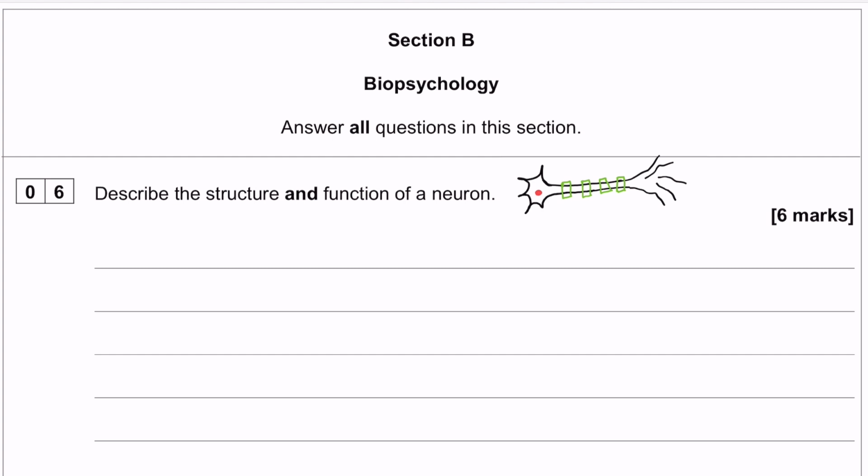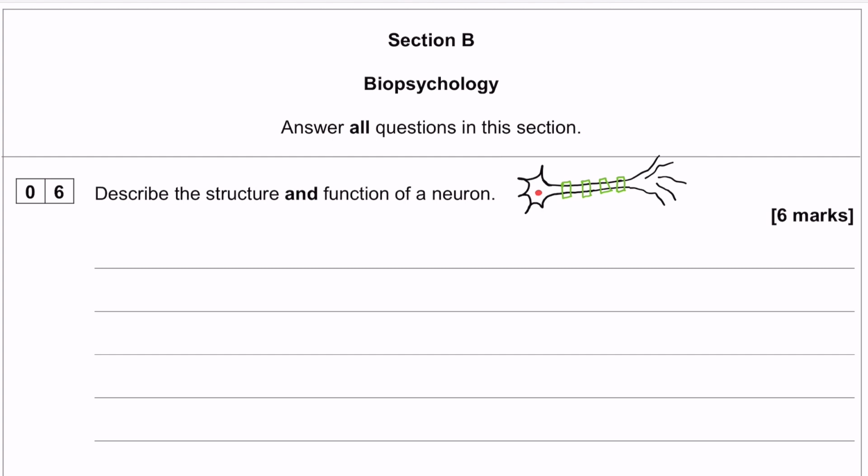If you feel like you need that to help you, then please do draw a diagram to explain the structure, because it might bring a little bit of clarity, and it will definitely help you to avoid wasting time writing lengthy descriptions, particularly if you're not entirely sure what you want to write or how to be concise with your writing. So if you want to do a diagram, do it nice and big, make sure it's labeled, and then you can add words and sentences to describe what you've drawn.